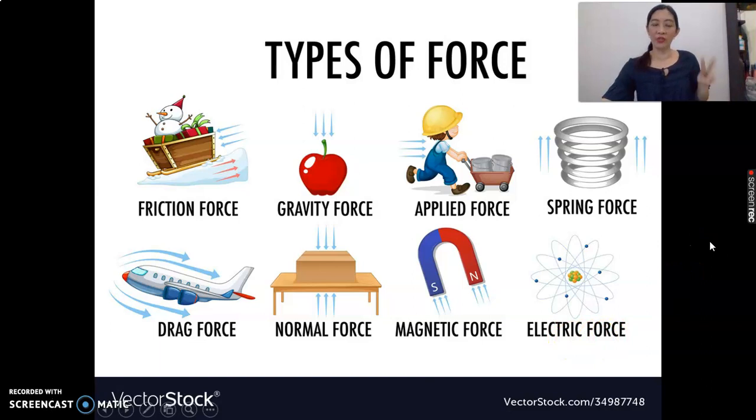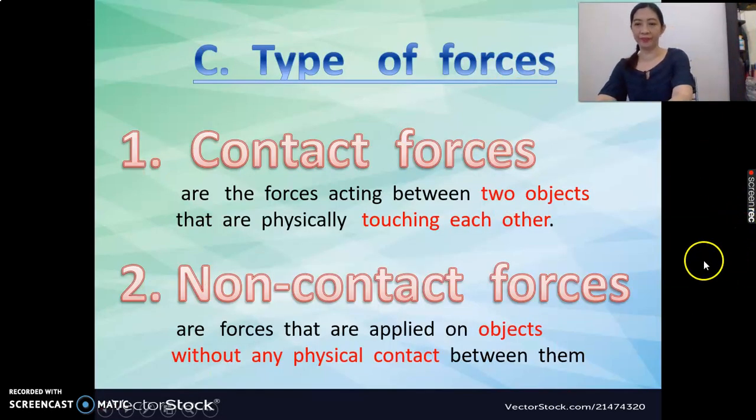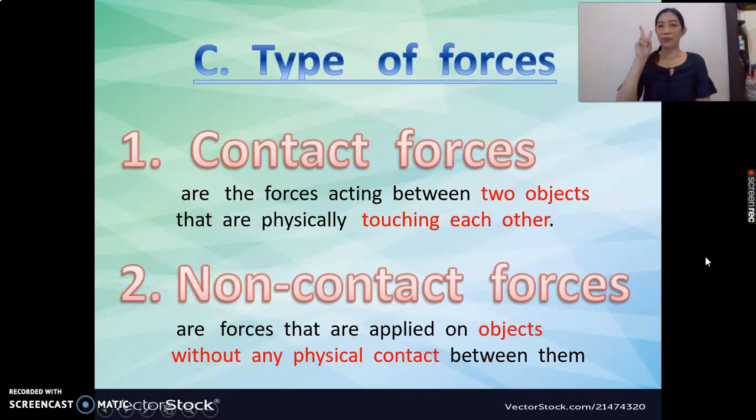So we have two categories of types of forces. Number one is contact forces, and number two is non-contact forces.